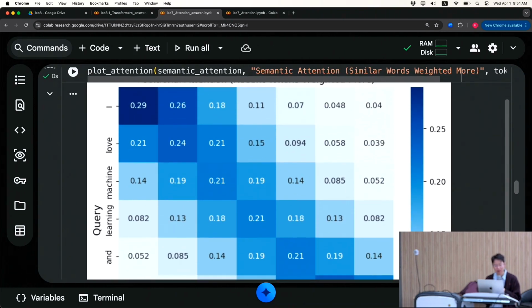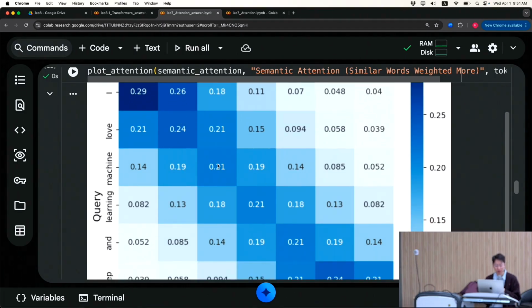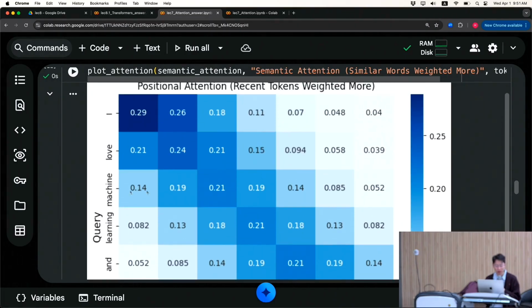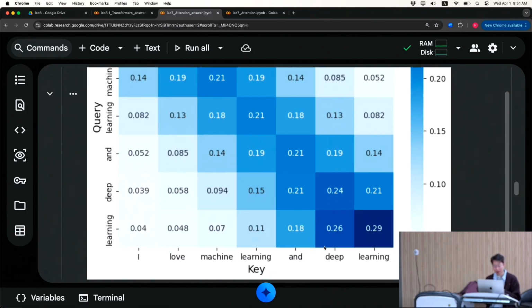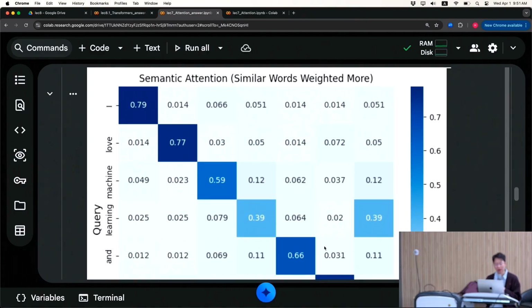So like expected, you get high attention score for the nearby tokens. So we have high attention scores, for example for machine, with the tokens that come near, because we have this position sensitivity encoded in the query key. And for the semantic attention, it takes the outer product between two character level histograms.